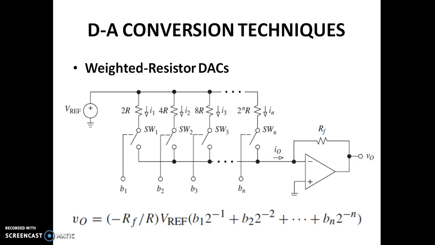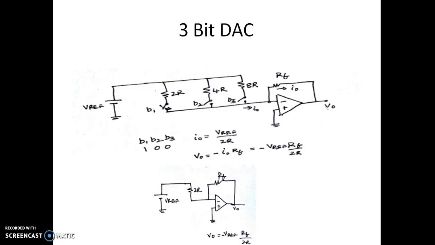The output voltage is given by minus RF by R into V reference multiplied by B1 into 2 power minus 1 plus B2 into 2 power minus 2, and so on, depending on the number of bits you have. The last term is Bn into 2 to the power of minus n. We shall take a particular example and try to identify how this circuit works.